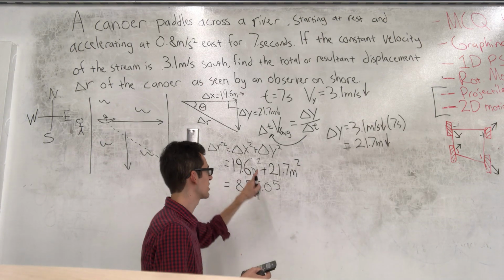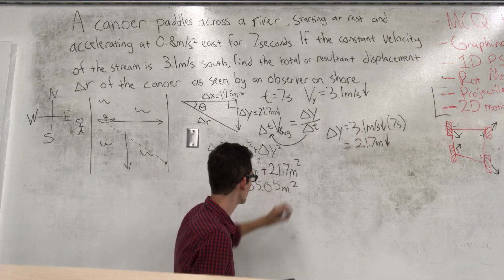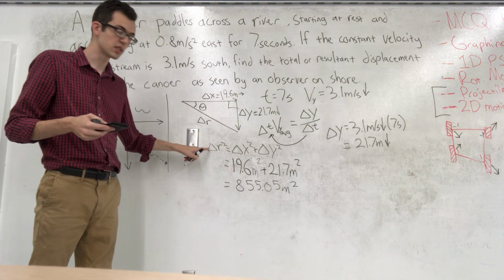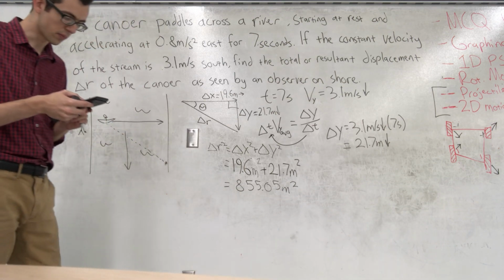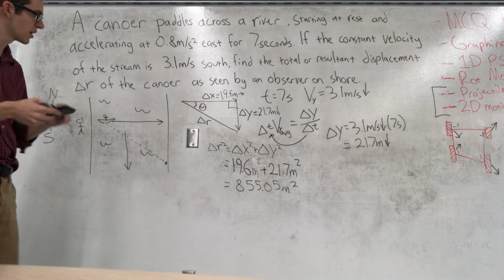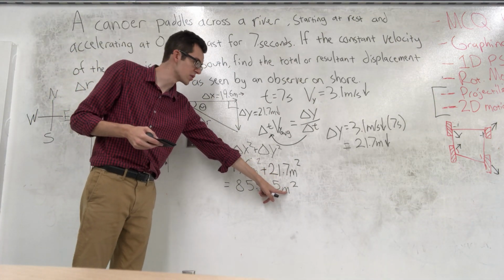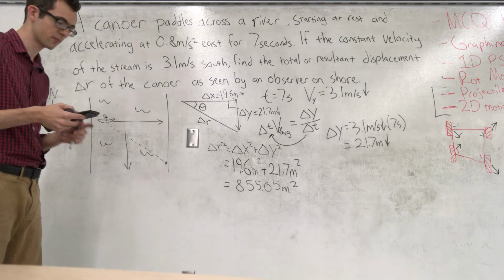Now our units for this, as we squared our meters, should be meters squared, which should tip us off that we're not quite done yet. To find our displacement delta r, we do have to take the square root of this. So we'll take the square root of 855.05, and then we'll take the square root of meters squared for our units and get back to meters, which is what we want for our displacement delta r.